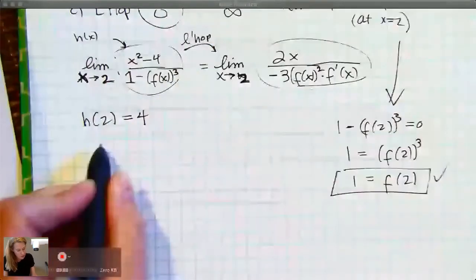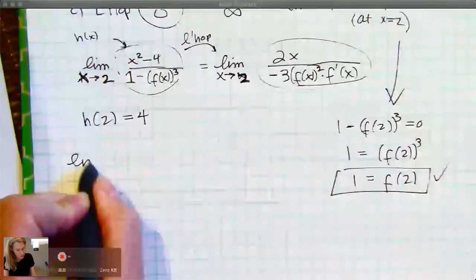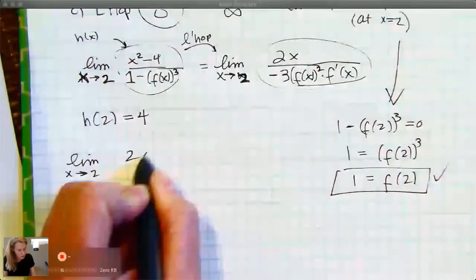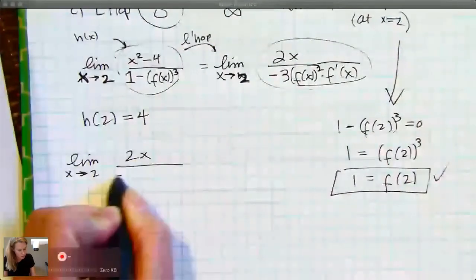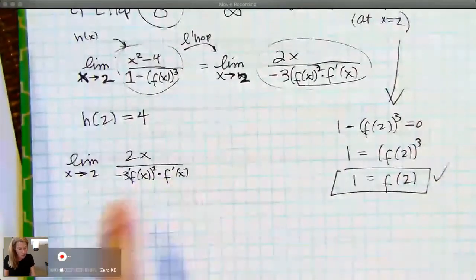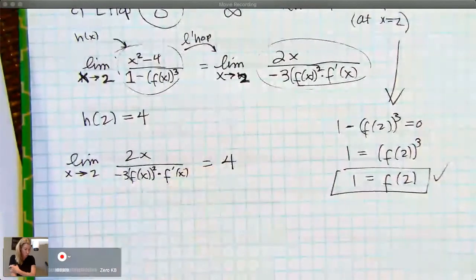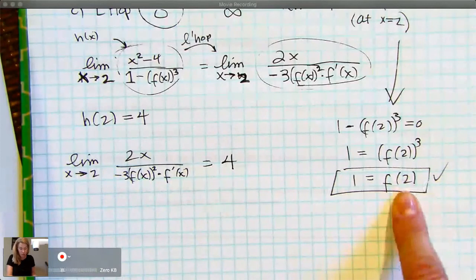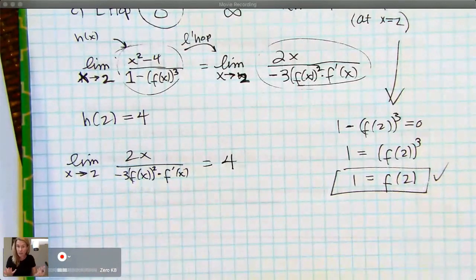So I know that this limit, after doing L'Hopital's, times f prime of x, and this is when x is approaching 2, this whole thing is supposed to equal 4. We know what f of 2 is now, so that's handy. So let's try some direct substitution.